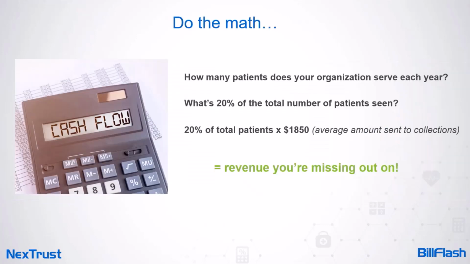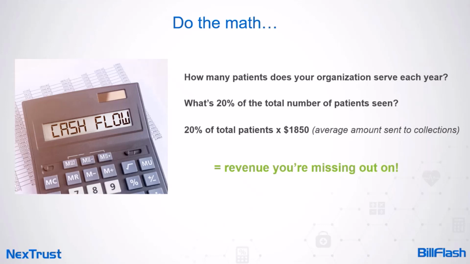We're just going to do some math right here. With approximately 20% of all patients being sent to collections, that's quite a chunk of people, and the average medical bill sent to collections ranging anywhere between $750 and $2,600 per person, it's actually easy to calculate the impact that past due AR can have on your revenue.